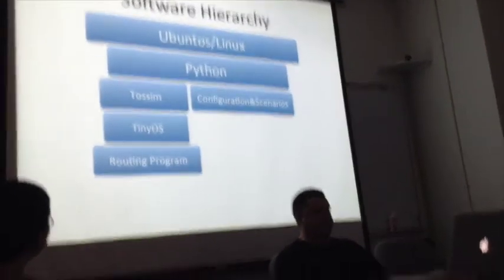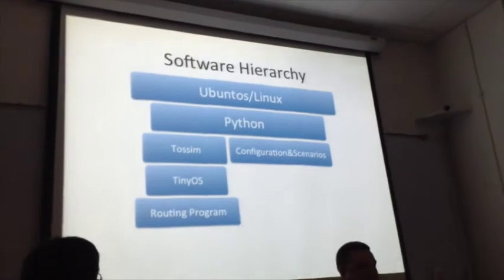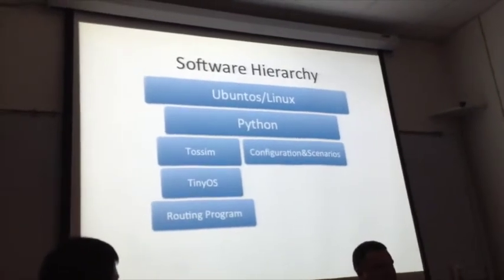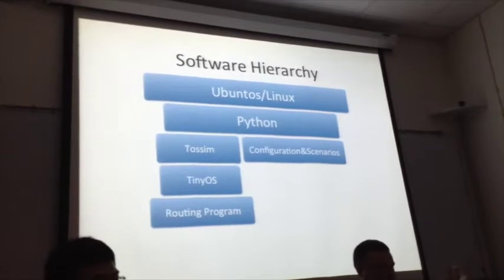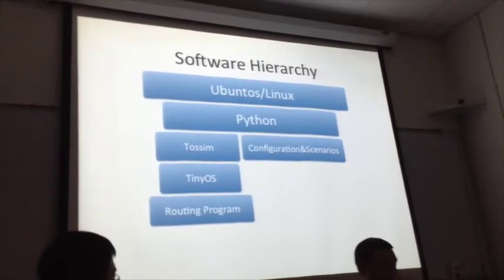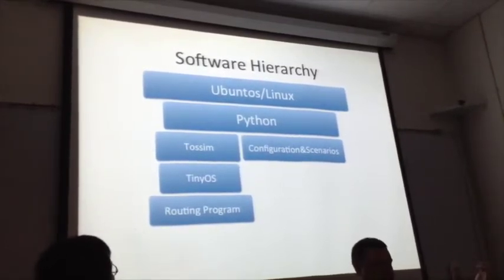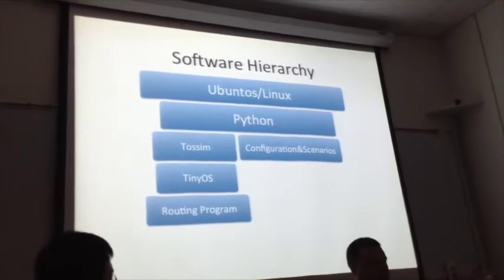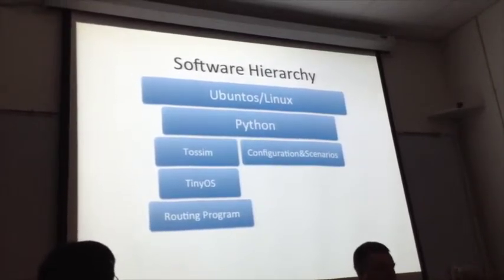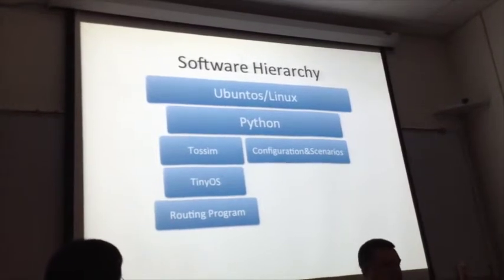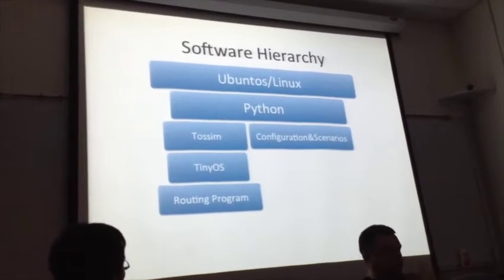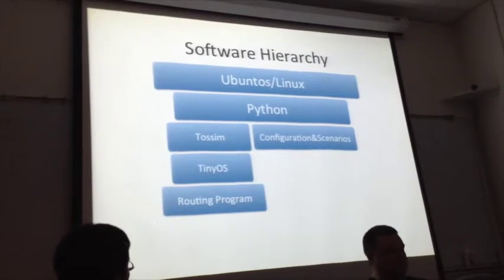Here's a view of the software hierarchy of all the different components. We're using Ubuntu that Craig gave us. It's just a Linux distribution. On top of that, Python is running. TOSSIM runs inside of Python, and the configuration and scenarios that Xueying put together are running within that Python environment as well.